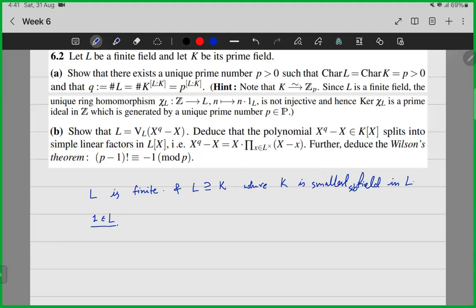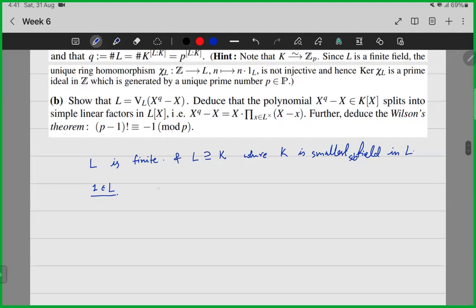What will happen? Some n, adding 1 plus 1 n times, will again be equal to something already seen. Repetition happens, because L is finite. It cannot produce infinitely many different elements.